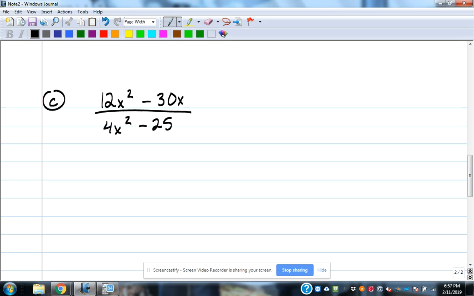So, what do we do first to find the domain? We'll set the denominator equal to 0 and then factor it.